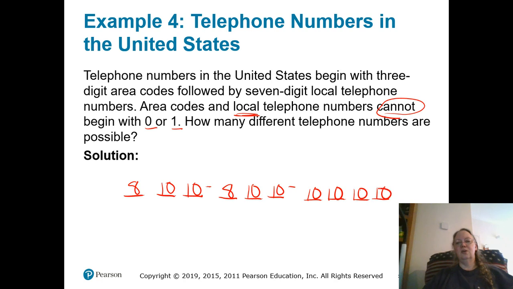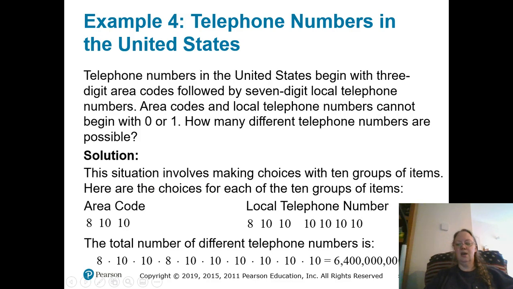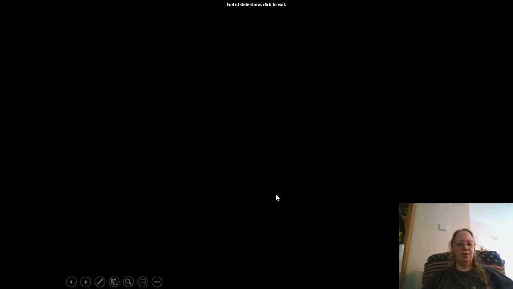And we are going to multiply all of these numbers together. Let's see how many different telephone numbers. That is an awful lot of telephone numbers. All right, there you go.